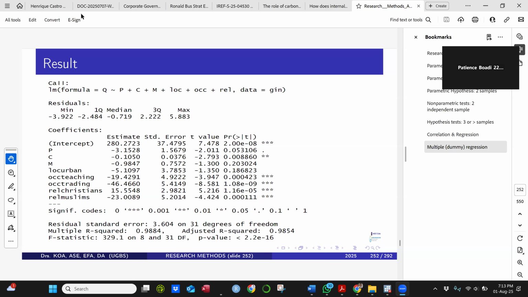What will be the next thing you write after the equal to? You write beta naught. And then you write plus, and then beta 1.